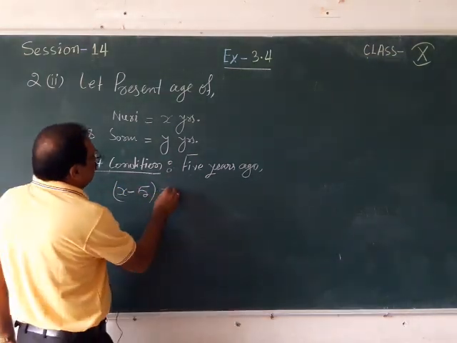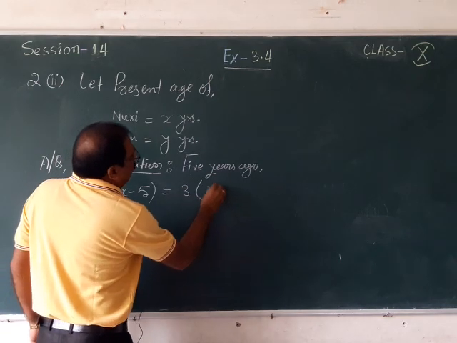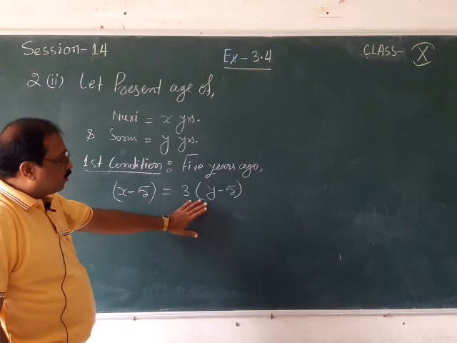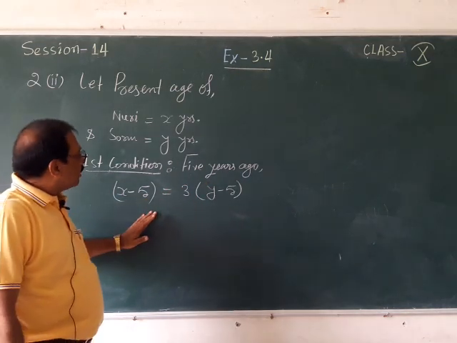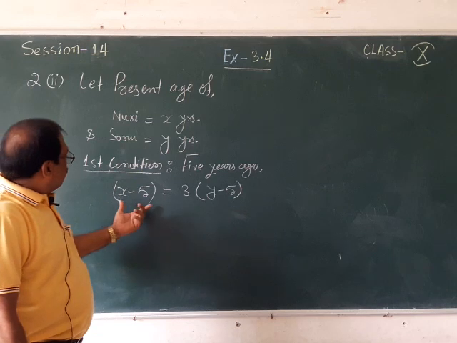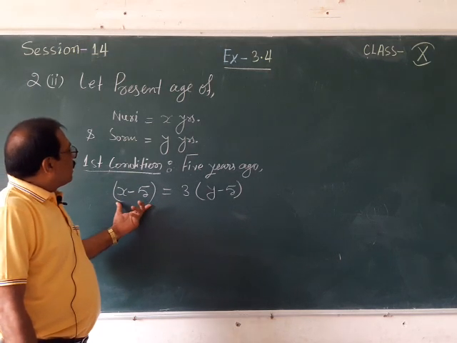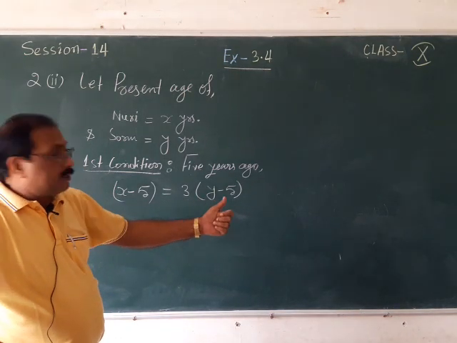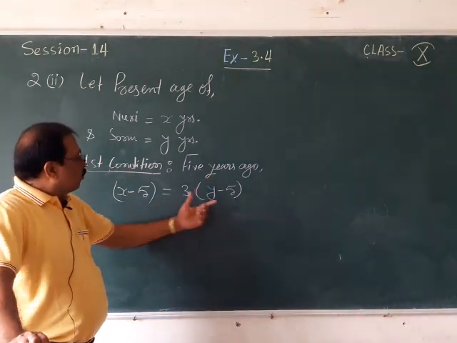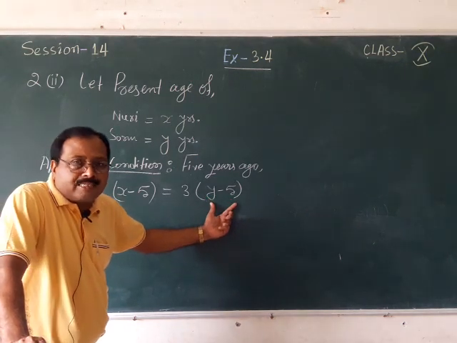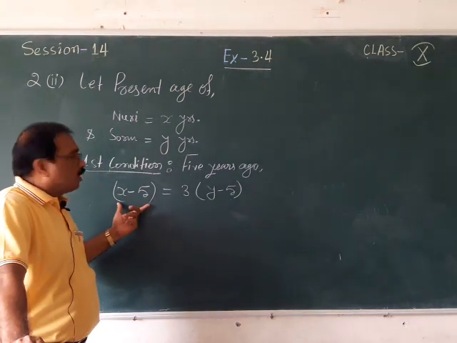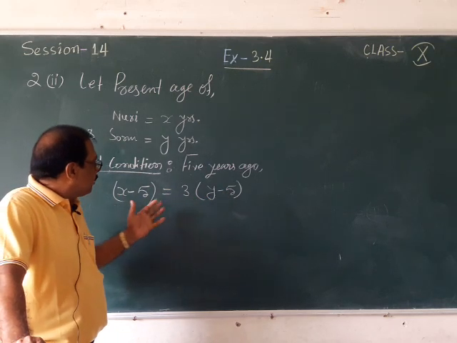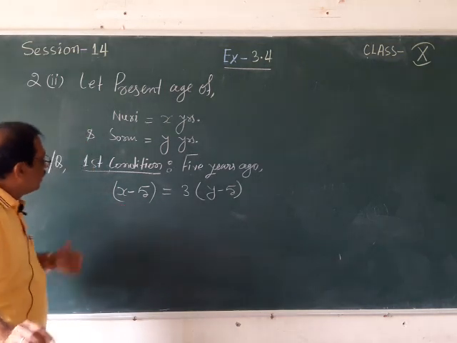So Sonu's age will be y minus 5 and it is multiplied by 3. So 5 years ago Sonu's age will be y minus 5 years and Nuri's age will be x minus 5 years, and if you multiply 3 into y minus 5, it is equal to x minus 5. This is the first condition.